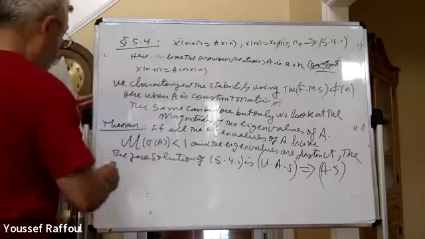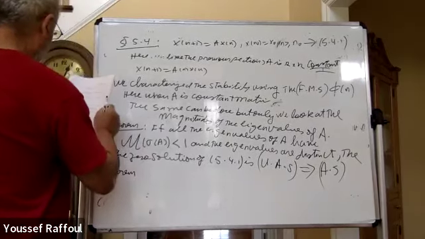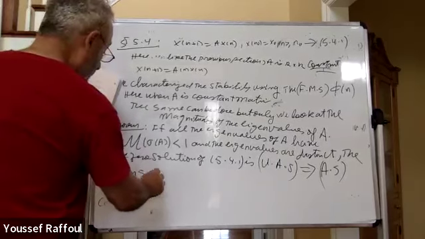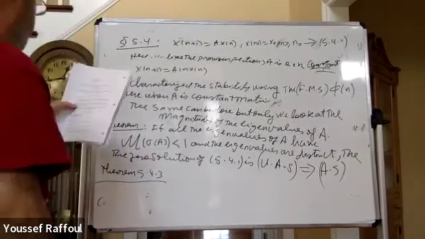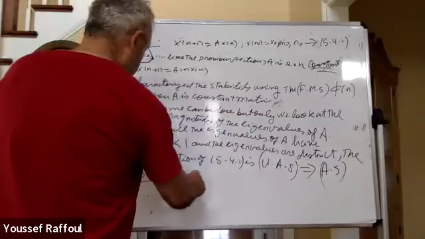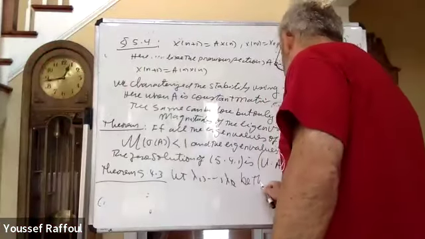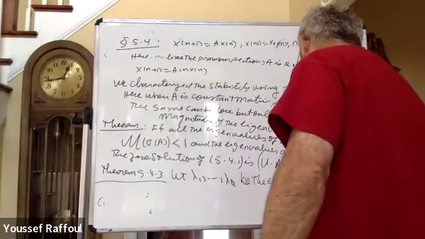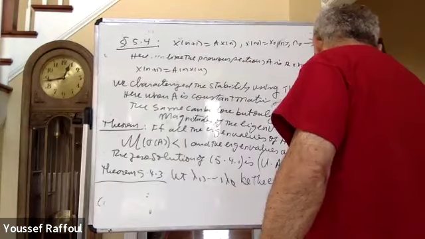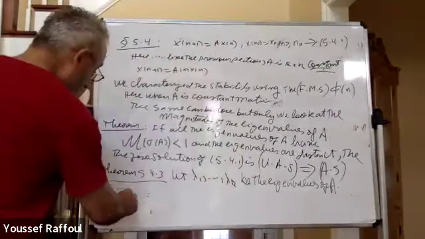Here is another theorem, theorem 5.4.3. Let lambda 1, ..., lambda k be the eigenvalues of A. They may not be distinct.